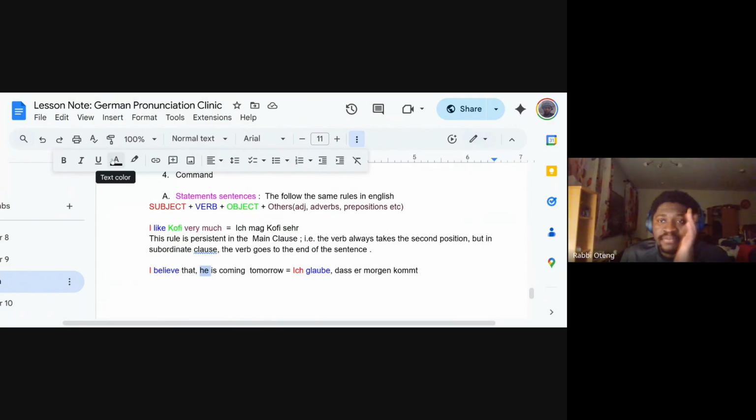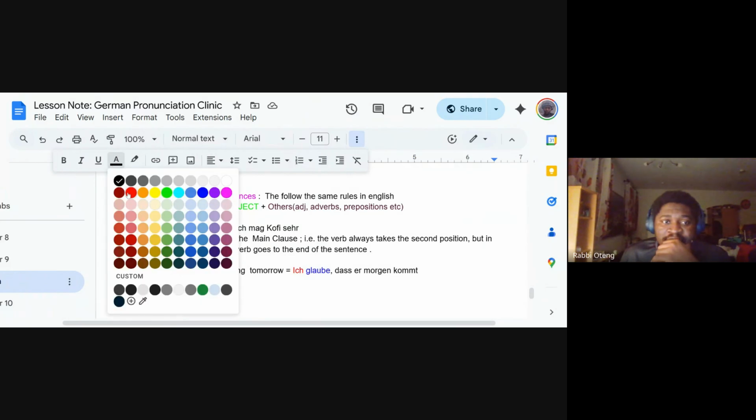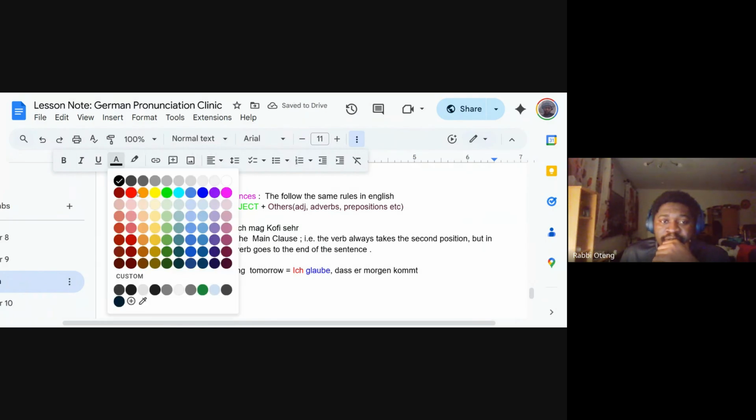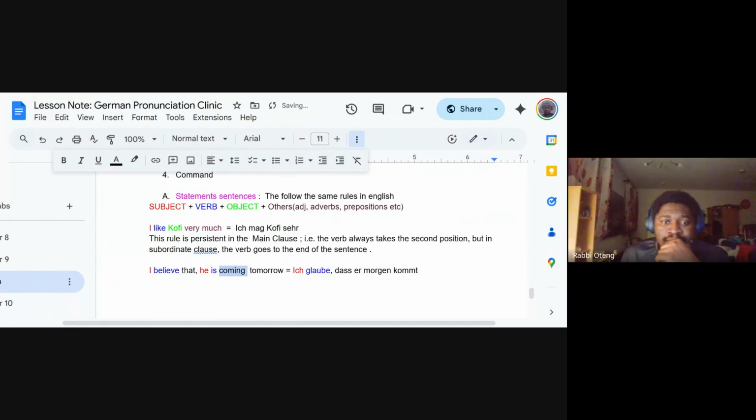But in the English subordinate clause, we have our subject, then the helping verb comes, followed by the main verb, before the others.